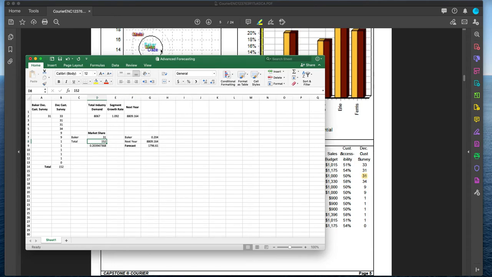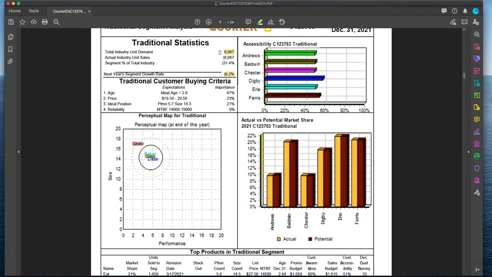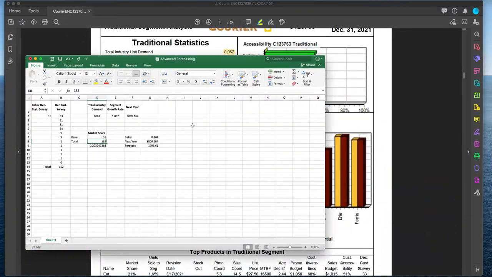Remember, if we go back up to the top here, we have the total unit demand and the growth rate. All we need to do is take the total industry demand and multiply it by the growth rate. Remember, add a 1 to the percent, and this tells us how many units are going to be demanded next year. So 8,809.